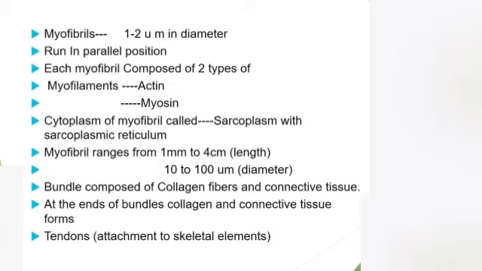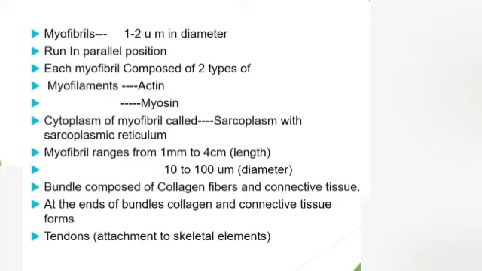Each myofibril is 1 to 2 micrometers in diameter and runs in parallel position, and is composed of two types of myofilaments. One is called actin and the other is called myosin. The cytoplasm of the myofibril is called sarcoplasm with sarcoplasmic reticulum, ranging in length from 1 millimeter to 4 centimeters, and the diameter of the muscle fiber ranges from 10 to 100 micrometers.